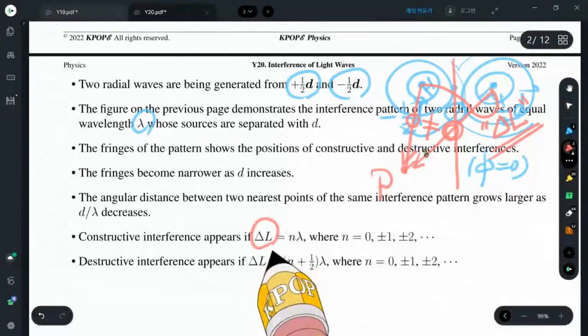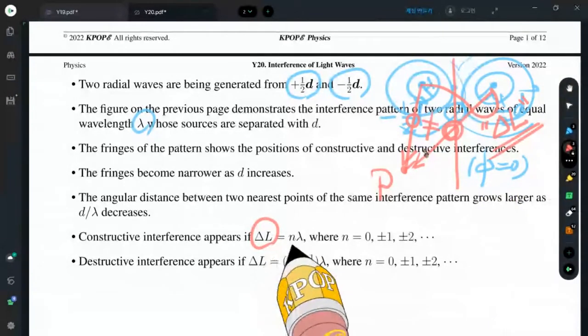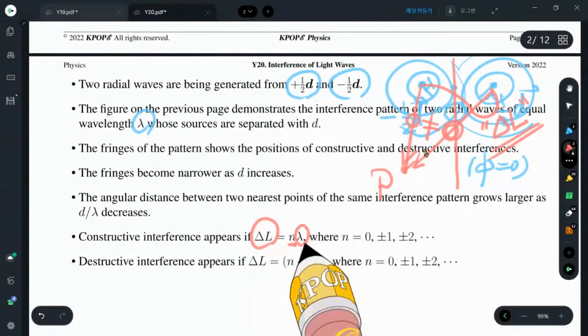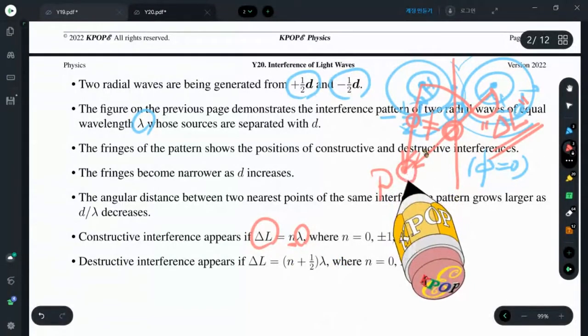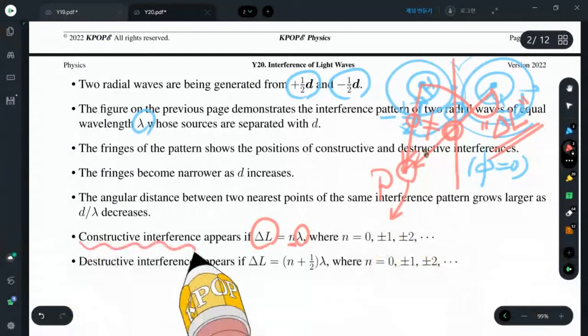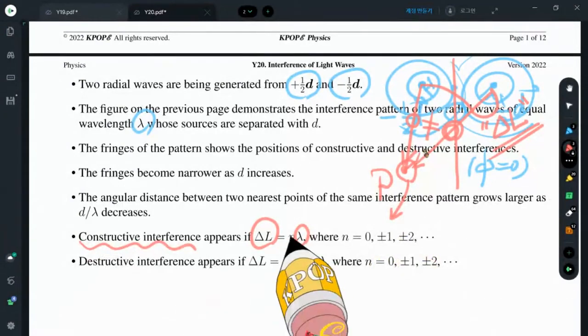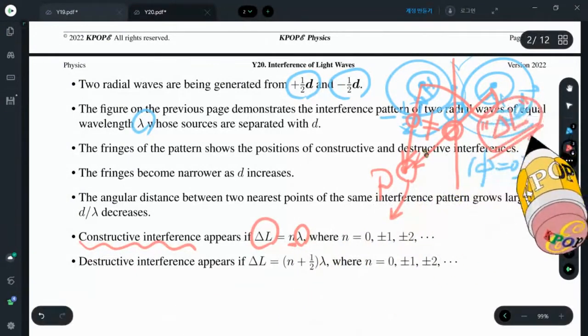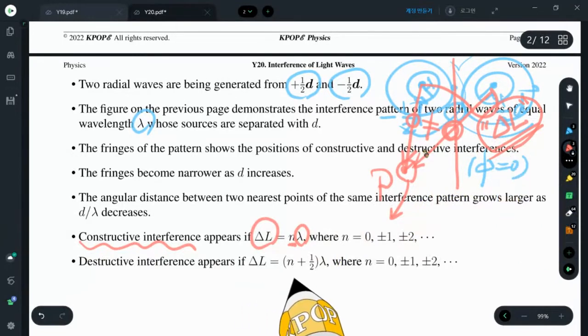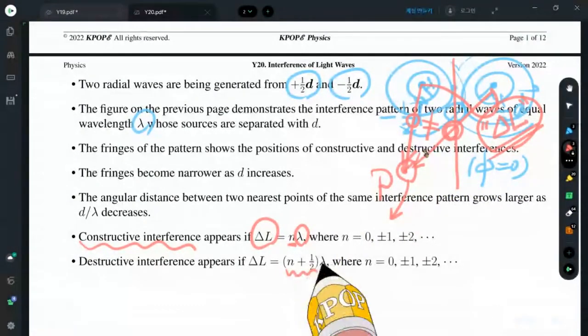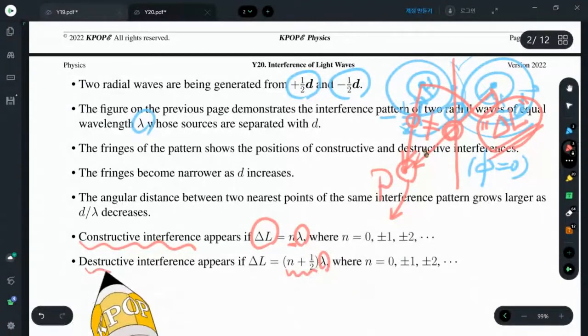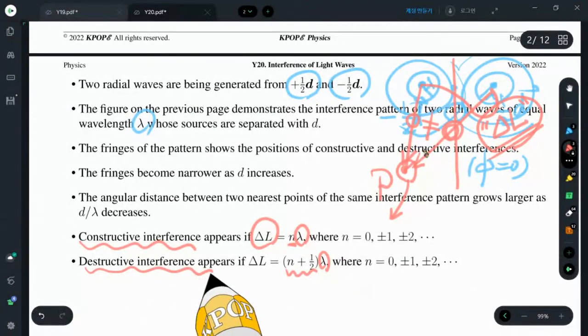If the path length difference is an integral multiple of the wavelength, that should be constructive interference. In case this path length difference is a half-integral multiple of the wavelength, then destructive interference appears.